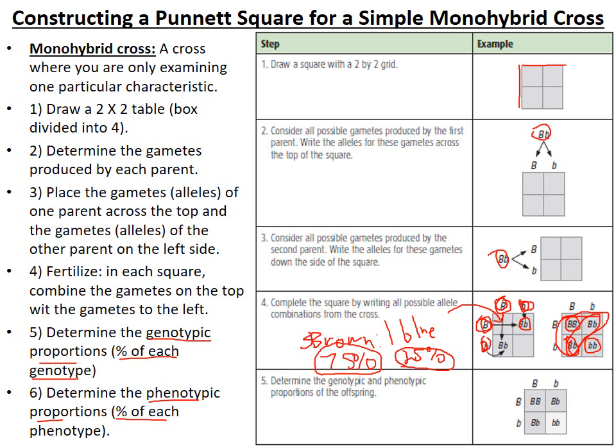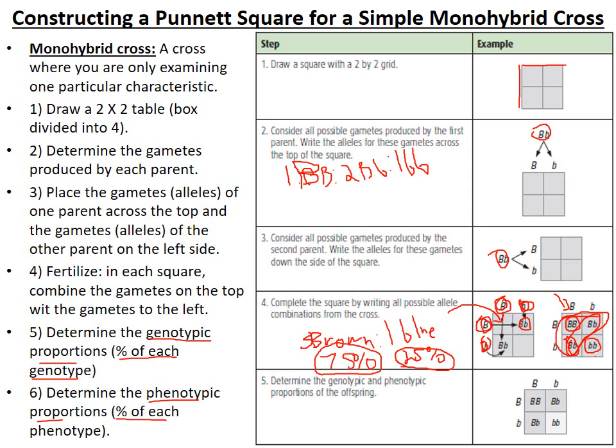So a genotypic ratio, for example, if we're looking at this particular Punnett square here, is the ratio of genotype. So one big B, big B for every 2 big B, little b for every 1 little b, little b.